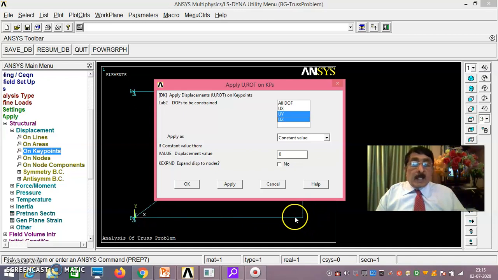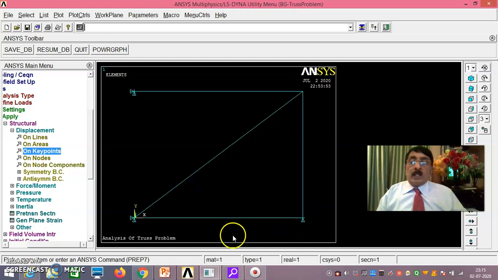In the X direction, either plus X or minus X, the movement will be there. That means I have to allow UX and I'll arrest UY and UZ. This also I have done. Now I have given the boundary conditions here: UX, UY, UZ, that means all degrees of freedom arrested here. Here I have allowed UX, but UY and UZ I have arrested.